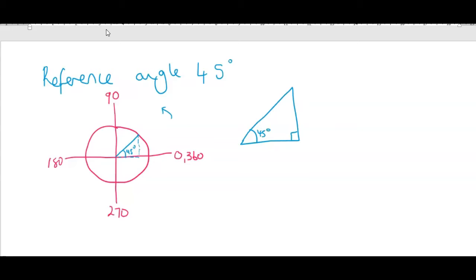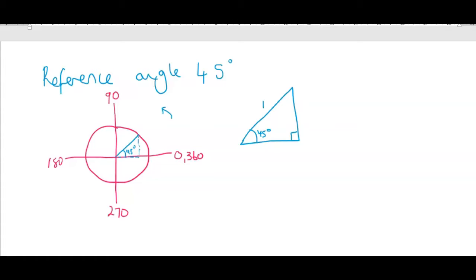Now this is an isosceles triangle, so the angle up the top here is also 45. But I'm going to just remove that because when we label our opposite and adjacent sides, I don't want to confuse anyone. Now, our hypotenuse, remember in your unit circle, it's a radius of 1. So our hypotenuse in this case is 1.